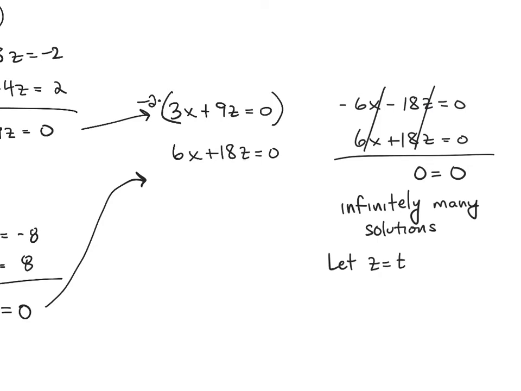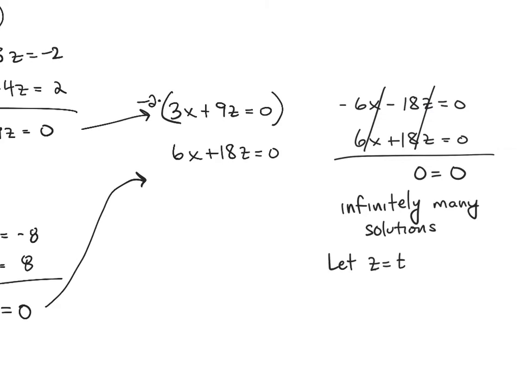So again, it doesn't necessarily have to be done this way, but most college algebra textbooks let z equal t. Z is your parameter, and that's equal to t.